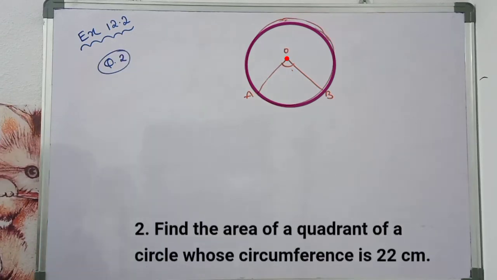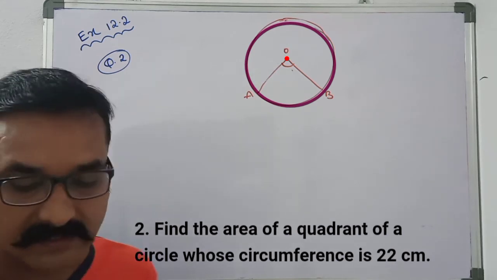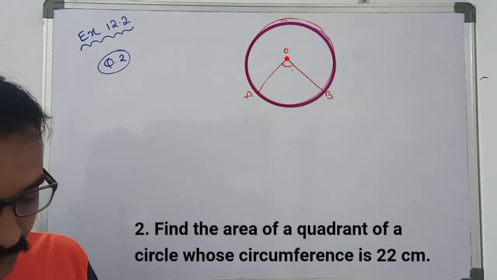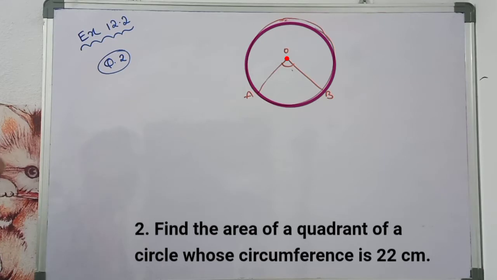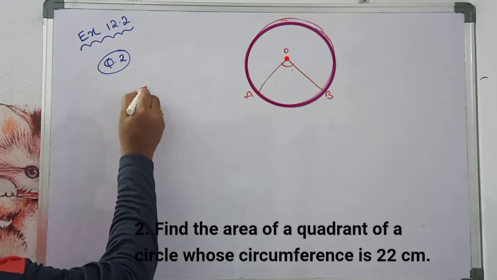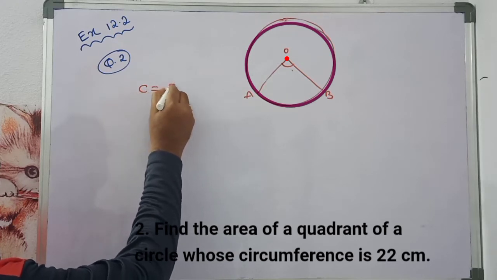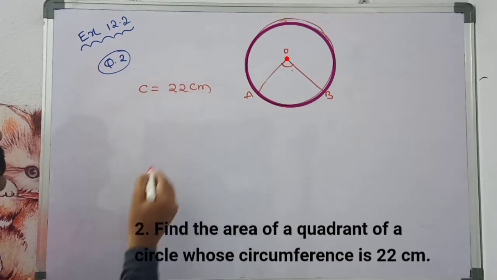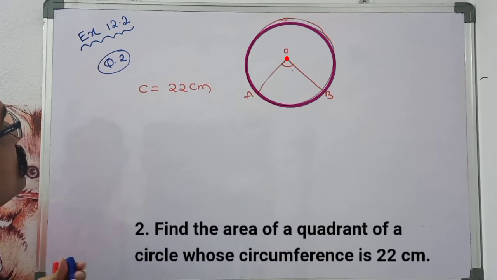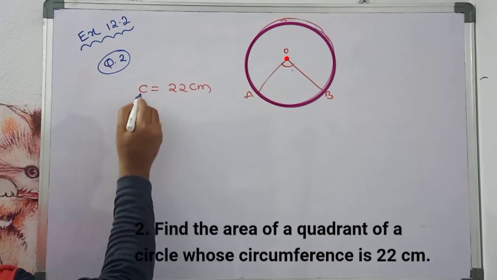Second question: find the area of a quadrant of a circle whose circumference is 22 centimeters. A quadrant is nothing but 1/4 the area of the circle, but here they did not mention any radius. They have mentioned the circumference of the circle is 22 centimeters, so from this we have to find the radius.